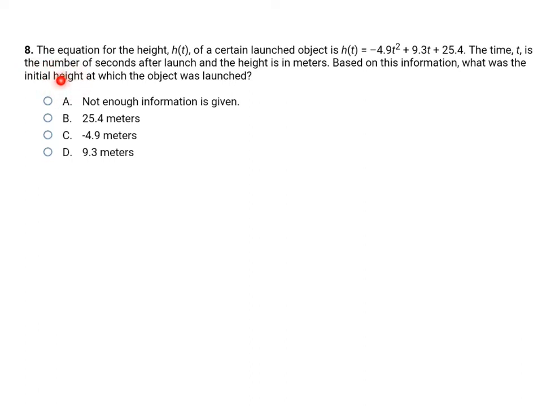So when you're at the initial height, that's the beginning height. No time has passed at that point. So when you're asking for the initial height, you're asking for what is the height when time is 0 seconds. So that just means to find the height, I'm going to substitute 0 in for the t.